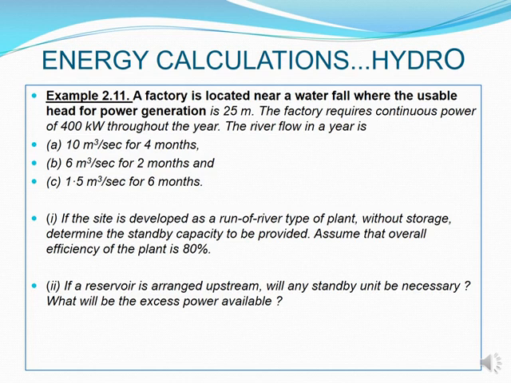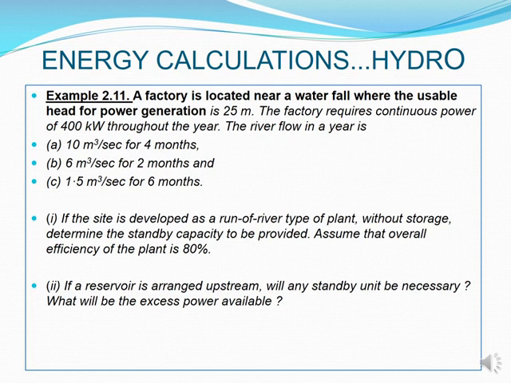Your factory requires continuous power of 400 kilowatts throughout the year, and the river flow in a year is equivalent to this. So for 4 months in a year, you get 10 cubic meters per second. For 2 months, you get 6, and then for another 6 months, you get only 1.5 cubic meters per second happening.